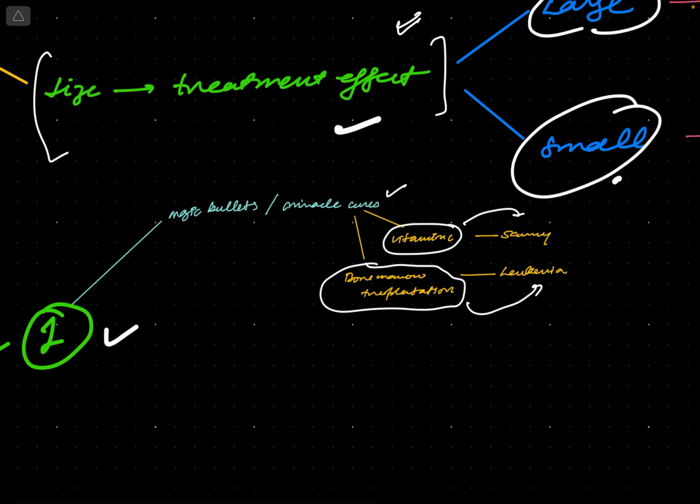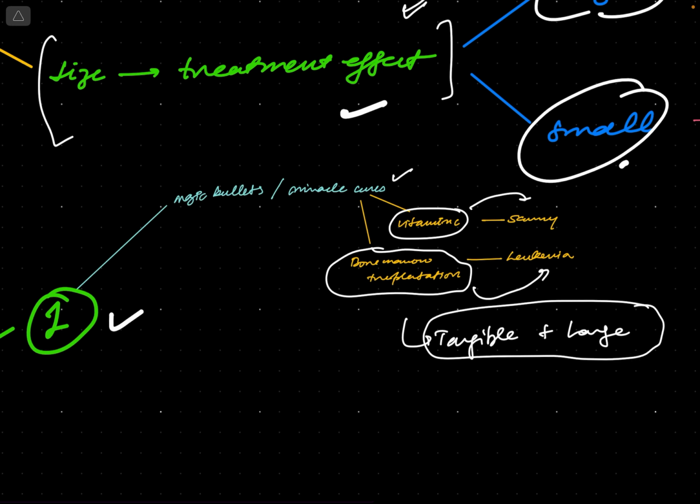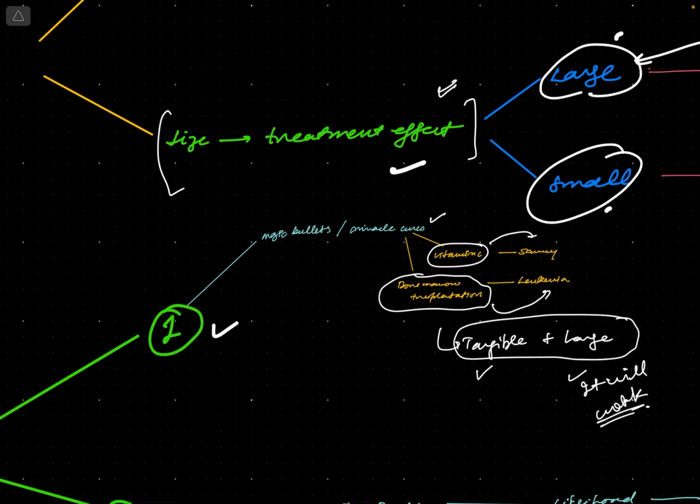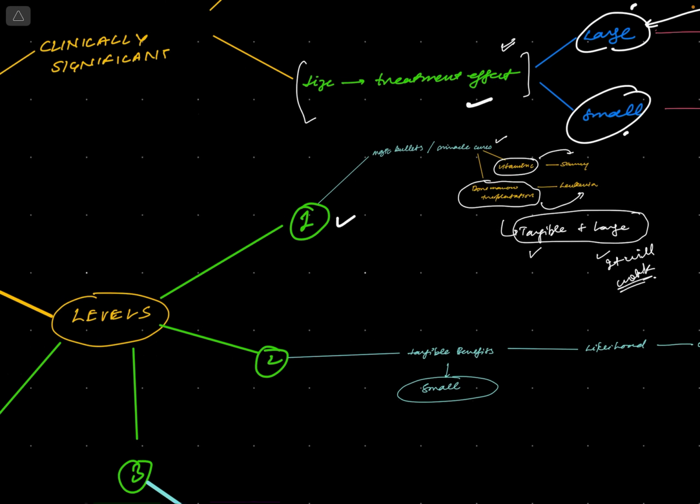Okay, this means tangible plus large. So we are talking about something which the patient can see and which is all or none, as in it will work no matter what. You cannot ignore it.